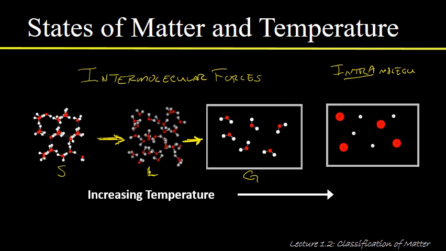I apologize for the handwriting right here. I will do better in the future. I know that you know what the word is, but that's intramolecular forces. If it absorbs enough energy, it can overcome the intramolecular forces that hold the atoms and molecules together, and they break up into their components, and you get ions and electrons, and that is what gives you a plasma.